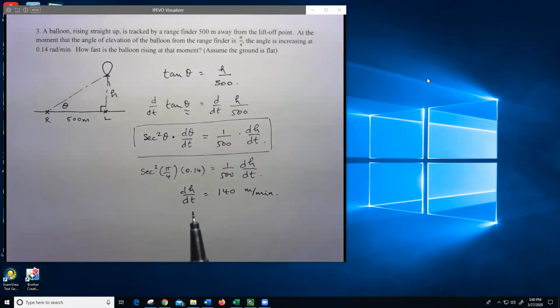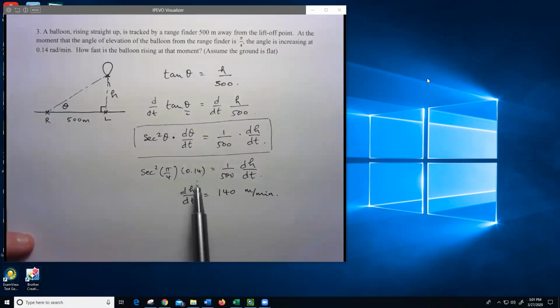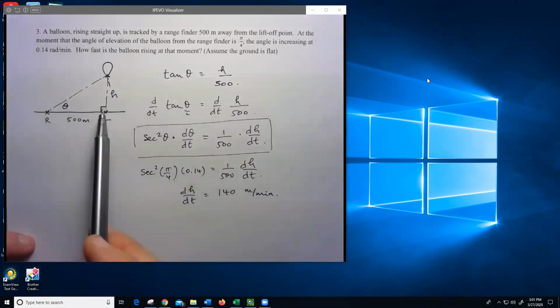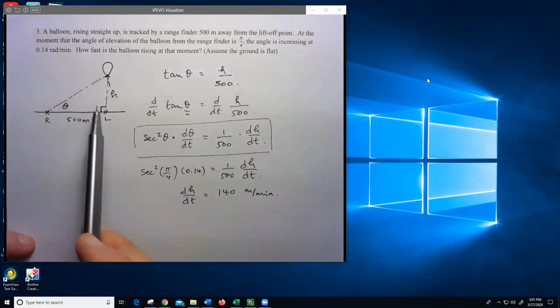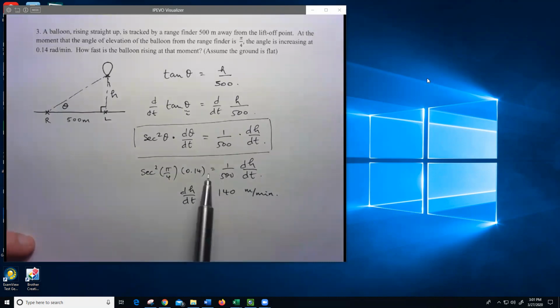We kind of call it radians, but it's a unitless measure. And so what you're just left with is meters per minute. Okay, which makes sense because what this rate of change represents is a rate of change of a height, which would be measured in a distance unit, meters, per our unit of time, in this case minutes.